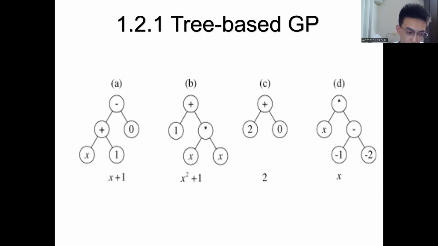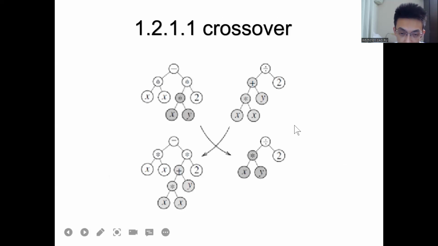Every time we generate a new node, we have a random search to decide whether it is a terminal node or an operator node. Then if it is an operator node, we have a random search again to decide what kind of operator it should be. Each operator has an equally likely probability of being chosen. And here is the crossover phase for tree-based genetic programming.